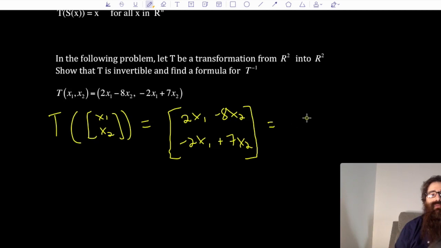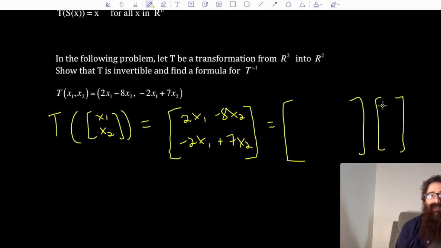And if I want to write this as matrix multiplication, I could build a coefficient matrix times the vector x1, x2. And the coefficient matrix is just going to take these coefficients, 2, negative 8 for the top row. Second row is going to be negative 2, 7.